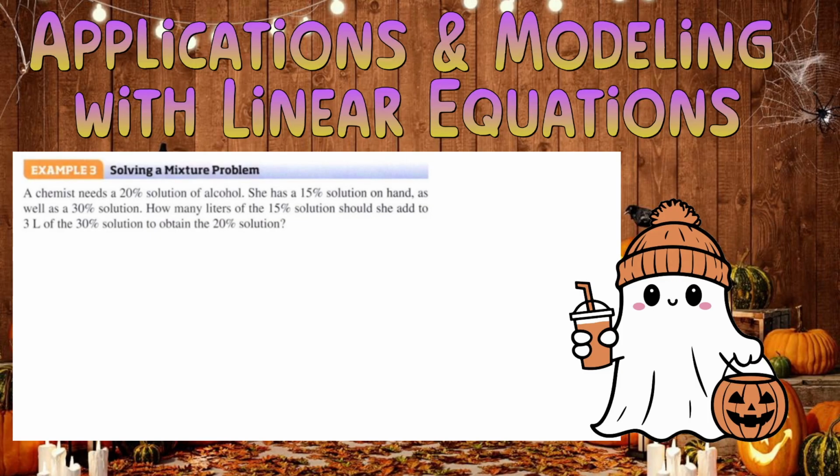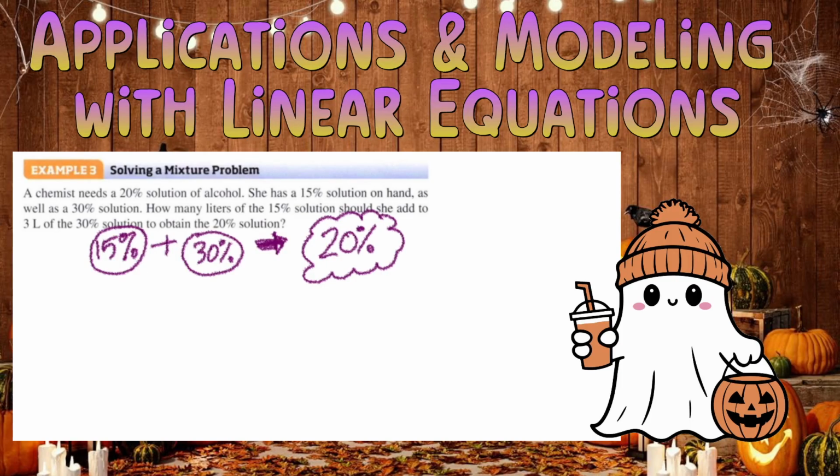So I'm going to mix the 15% solution plus the 30% solution. I'm going to pour them together, and my goal is to create out of all that a 20% solution. That's what we want. So we need to know how much of each thing.